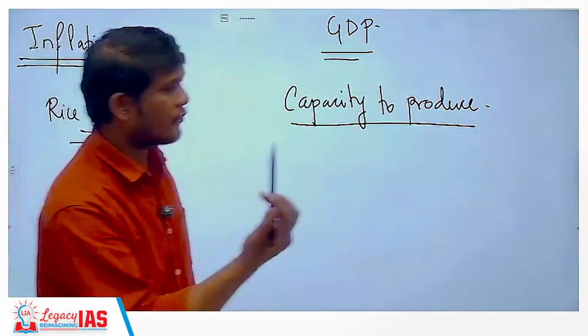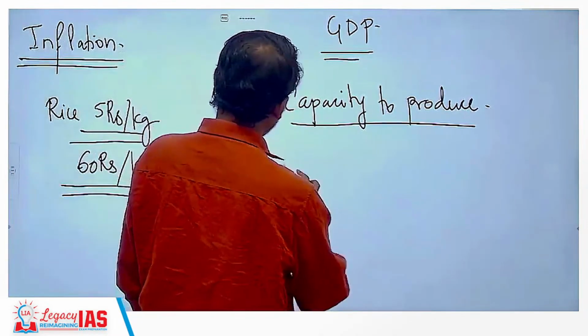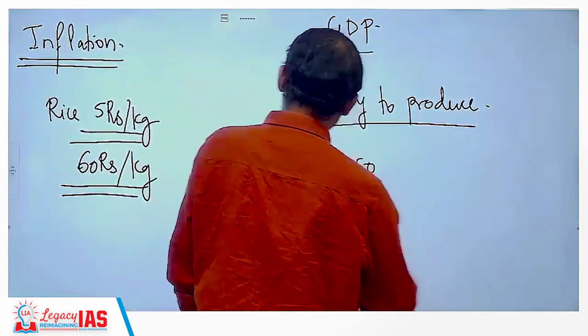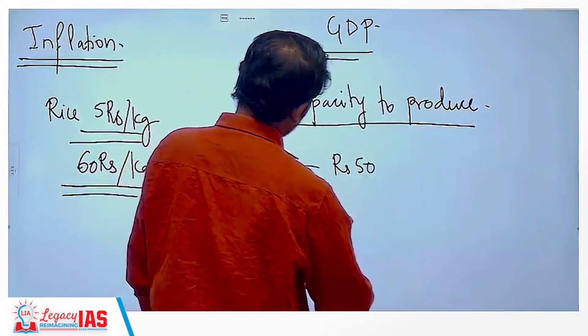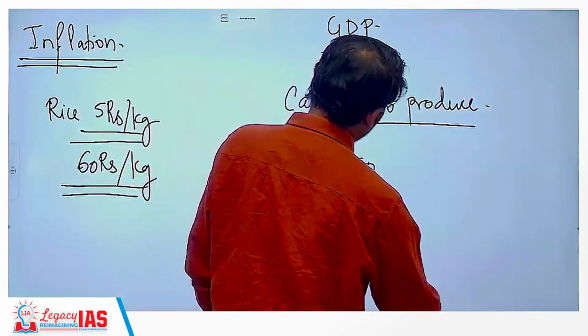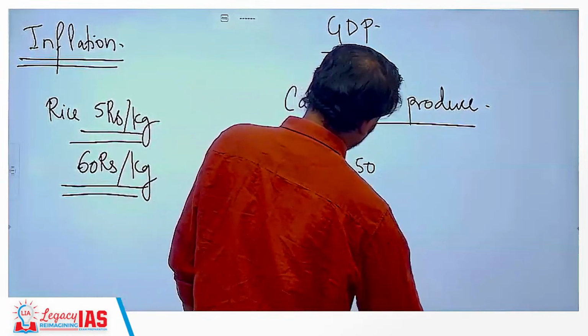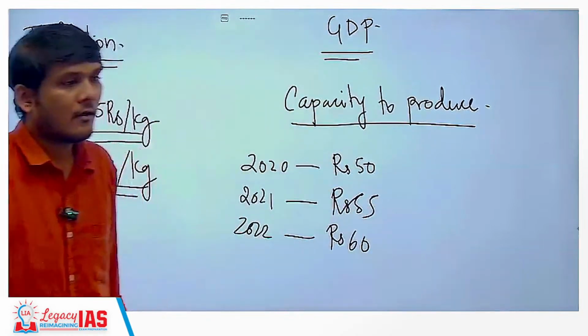So if I produce this pen in 2020, its rate would be, let's say, rupees 50. In 2021, its rate would be rupees 55. In 2022, its rate would be rupees 60. Right?